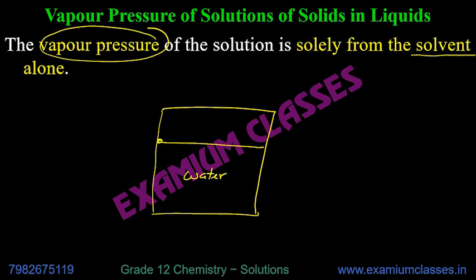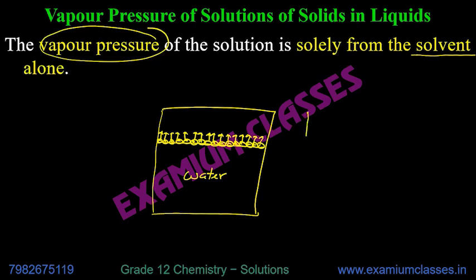All the water molecules which are on the surface can get vaporized, depending on the temperature, obviously. How many of these will get vaporized at a time will depend on temperature, but all can get vaporized at a particular temperature. All are eligible to get vaporized.